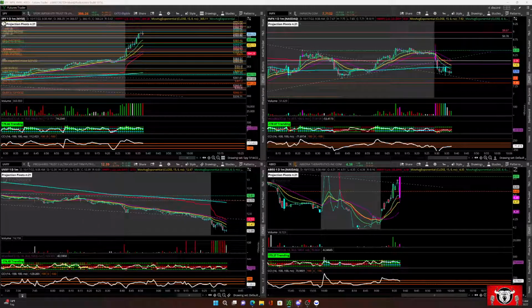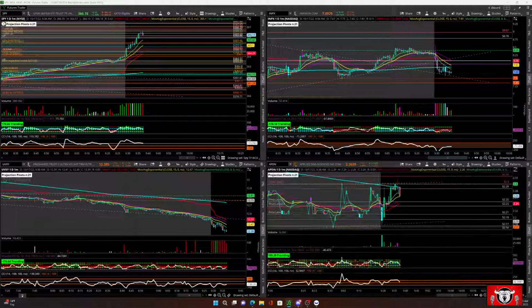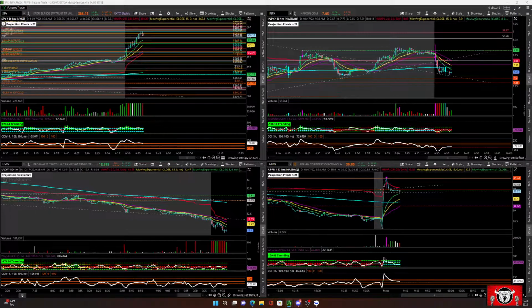Price printed the doji on the 1 minute, looking like it's set up. Might get that reversal there. You see, it's a little tired right here. We'll see.